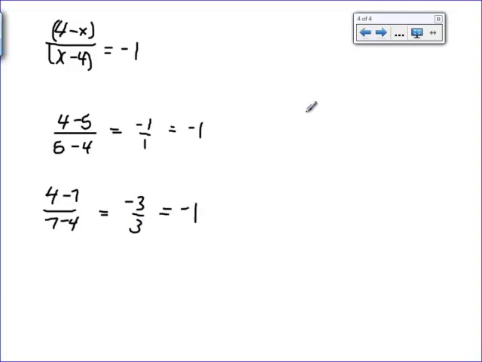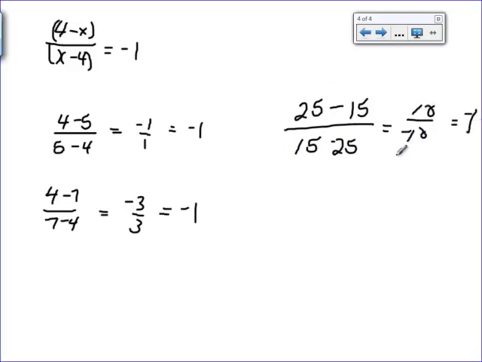Let's pick a random number. My favorite number, 25 minus 15. Now on the bottom, let's reverse that. Let's do 15 minus 25. And I get 10 over -10. Right? So whenever you have two numbers subtracted, and then you reverse the numbers but still subtract, it's always the equivalent of -1.